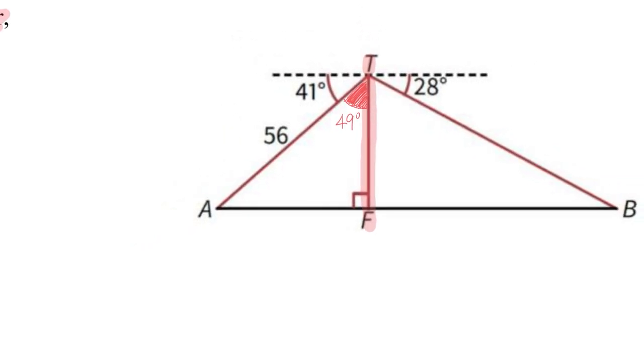Because once we have this, given TOA-CAH-SOH, we are required to find TF.